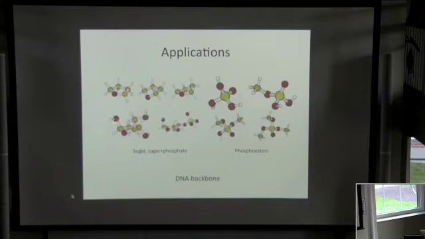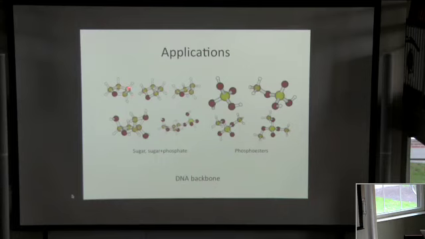For a while, after the suggestions were made by Jack Simons and Leon Sanche that these electrons are probably attaching to the DNA bases, there were also suggestions that the electron might attach to the backbone. The backbone of DNA, as you know, is a chain with alternating sugars and phosphates. So we looked at a series of sugars.